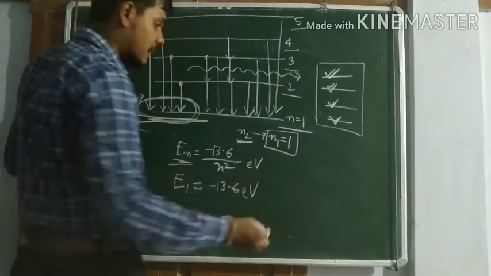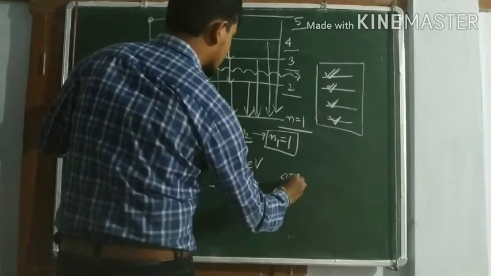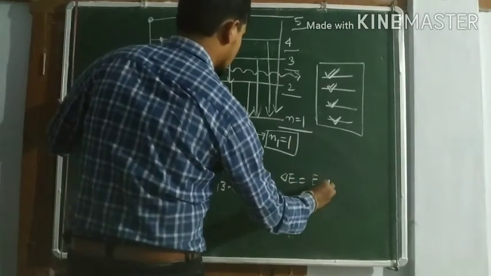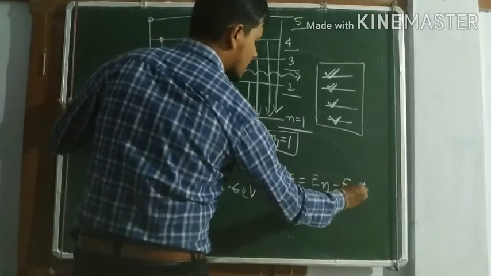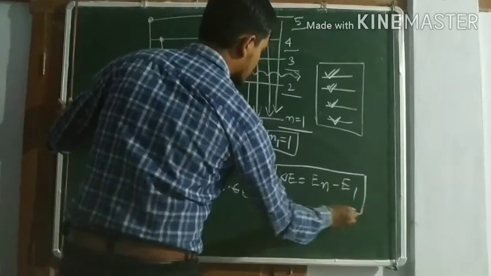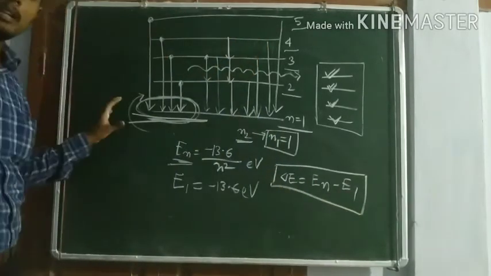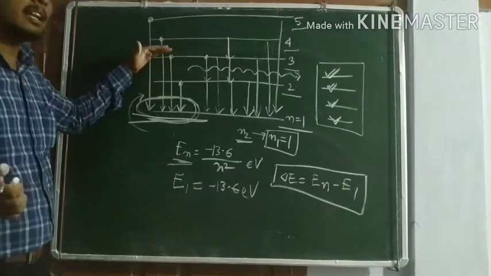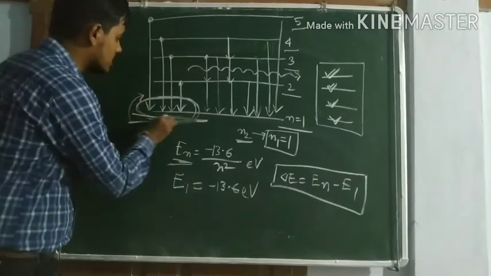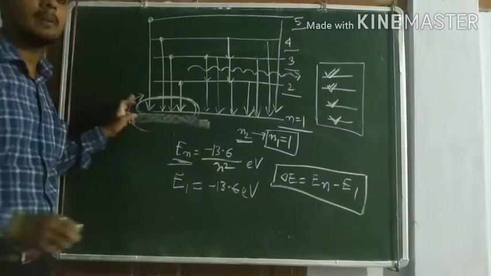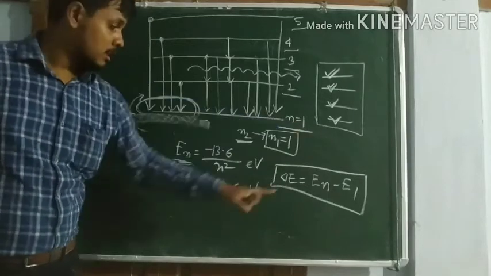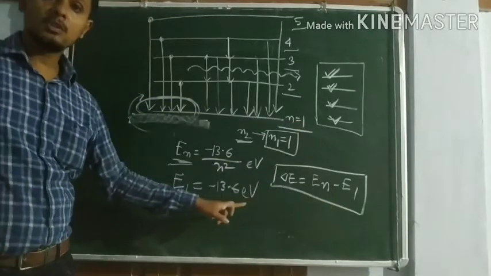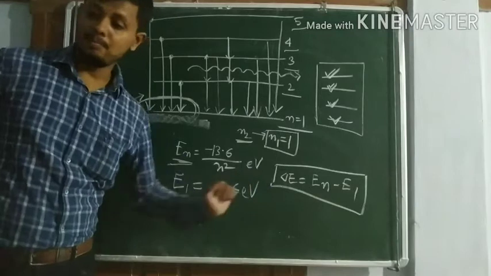For Lyman lines, delta E will be equal to En minus E1. This is the condition for Lyman lines, which are seen when an electron returns from a higher energy state to the first state, and we get a series of lines called the Lyman lines, for which this is the expression for delta E.